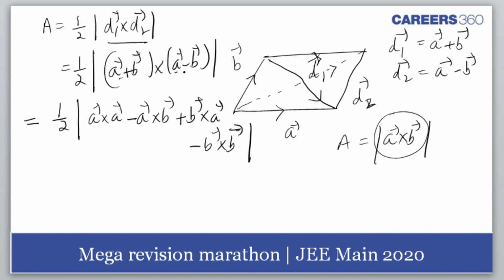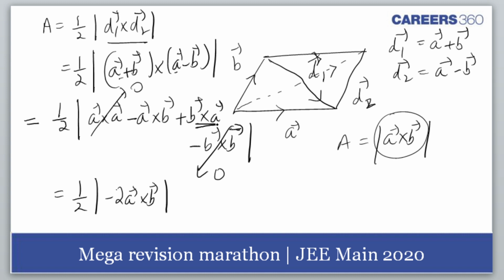It distributes over addition. So A cross A will be what? Sine 0, it is 0. Theta here is 0, so sine 0. B cross B is 0. I can write B cross A as minus A cross B. So that is minus 2 A cross B. Am I right?